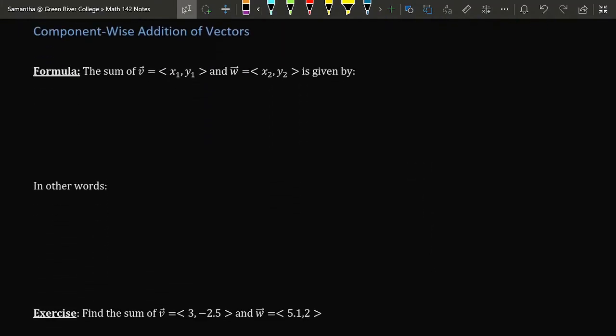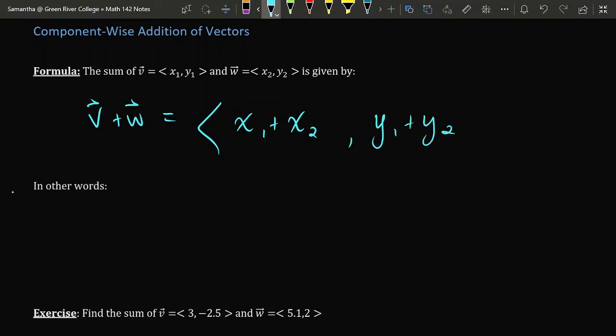Component-wise addition of vectors says that if you have vectors v and w, and you want to add them together, all you have to do is this. Add together the two x components, and then separately add together the two y components. Component-wise addition. In other words, add the components individually.